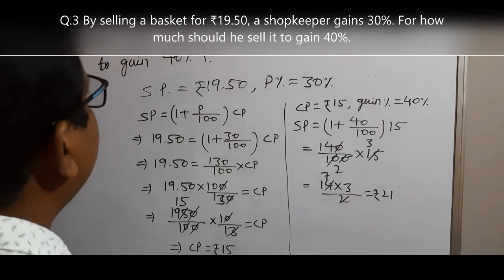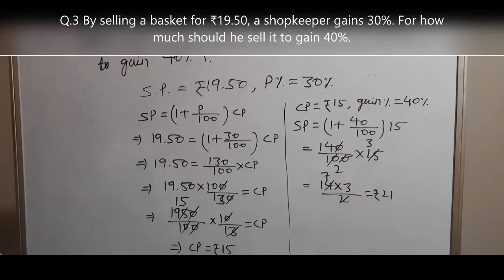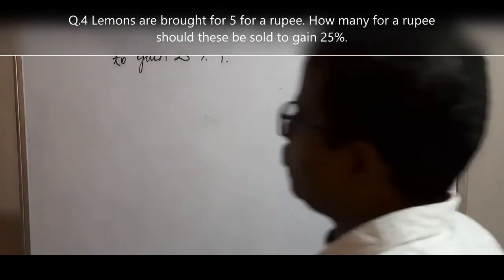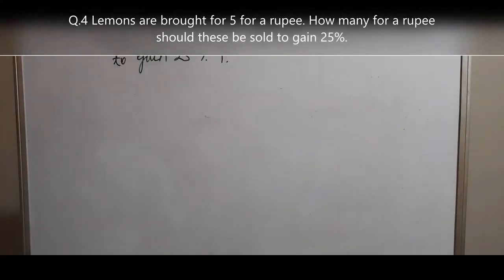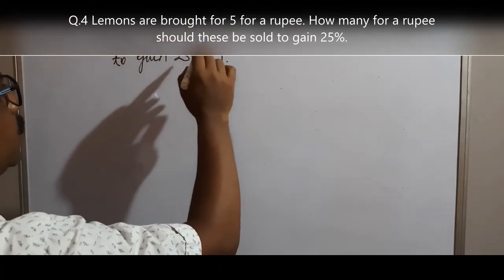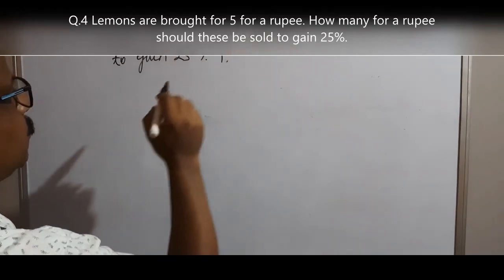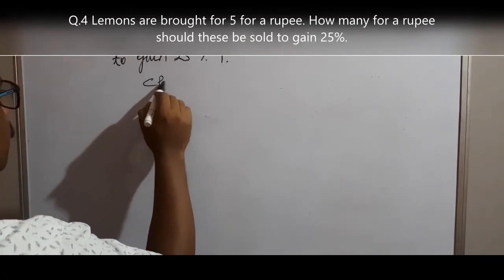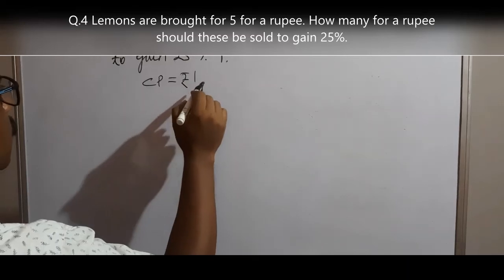So understood? So next question you see. So question number 4. Lemons are bought for 5 for a rupee. How many for a rupee should be sold to gain 25%? So bought means the cost price. Cost price of 5 lemons is rupees 1. So CP is equal to rupees 1.